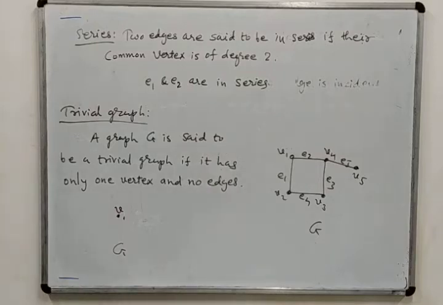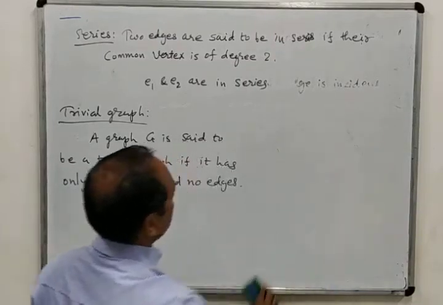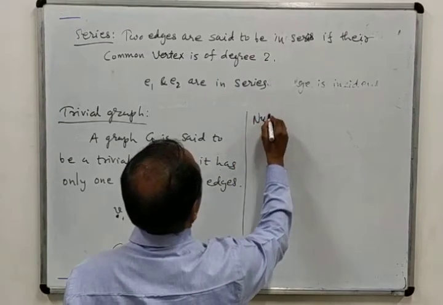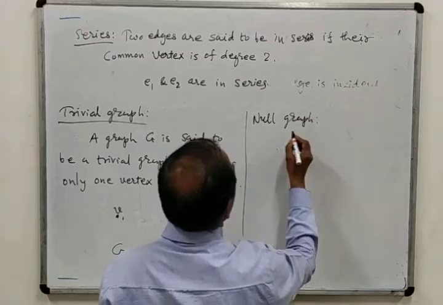Then let us see another definition, a null graph. So a null graph is also a very easy definition.